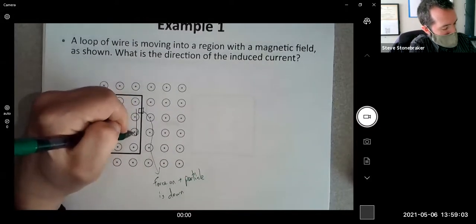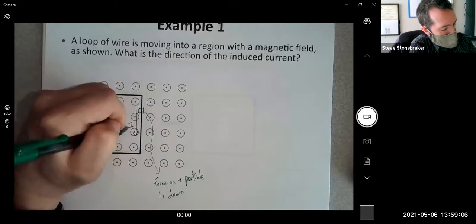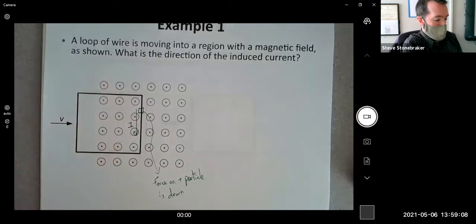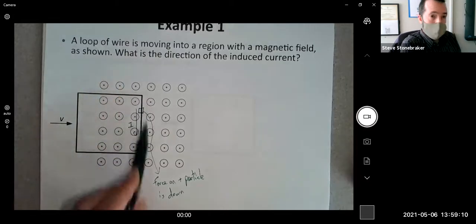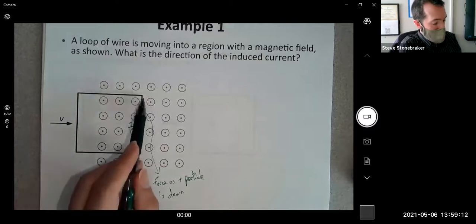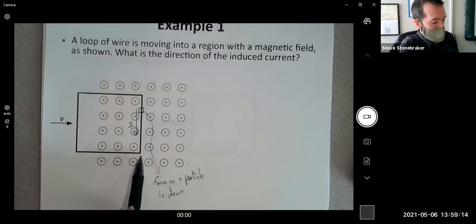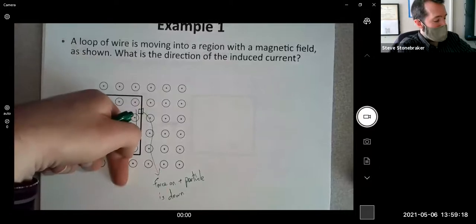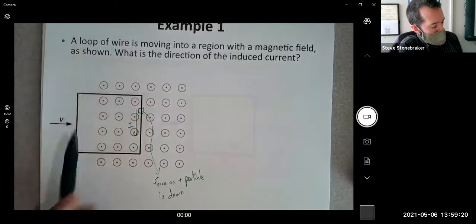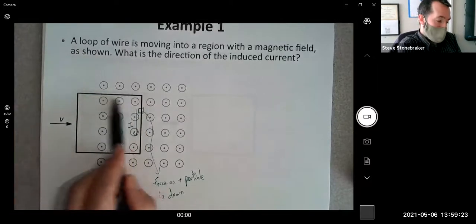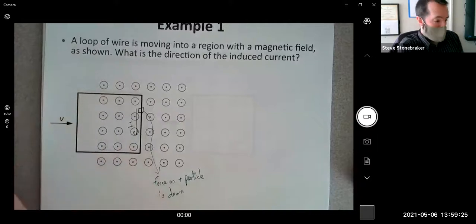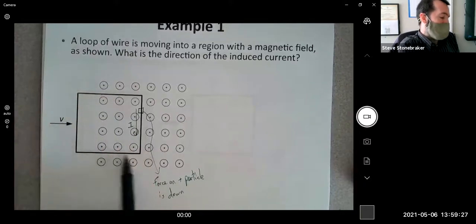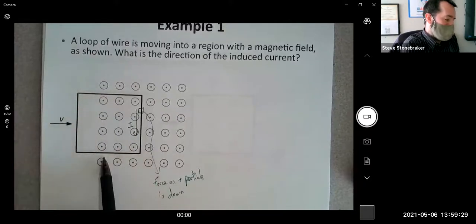which means that the direction of the current on this segment at least is going to be down, because all of the positive particles along this edge are being pushed downward by the magnetic force. Now, the particles up here are also being pushed down, but they can't go that way. The particles along here are being pushed down, but they can't go that way.